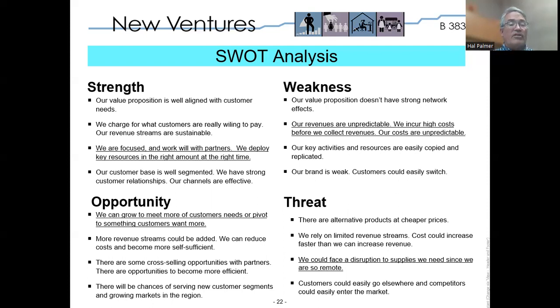Our greatest opportunity is we can grow to meet more of customers' needs or pivot to something customers want more. For example, I was reading about another greenhouse in another part of the country that was growing tomatoes, and they thought they'd have a good market.